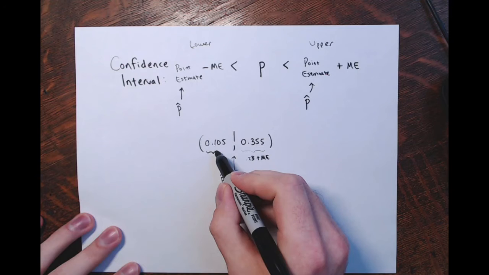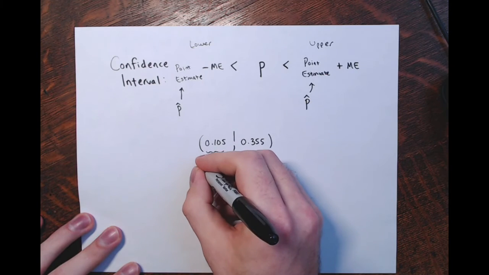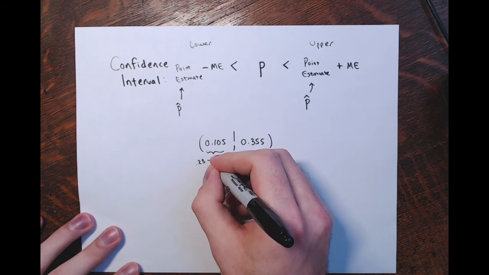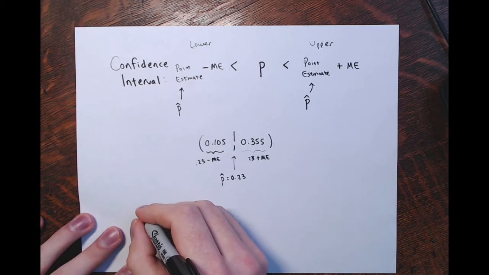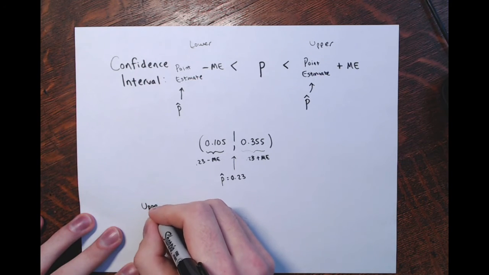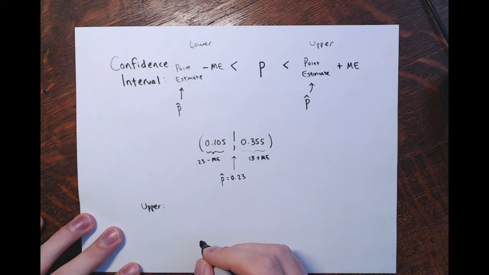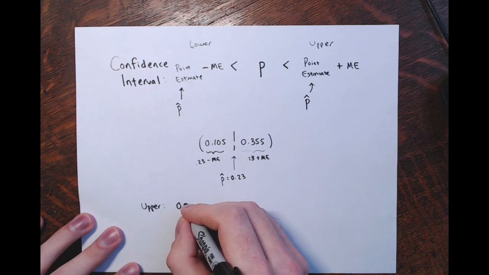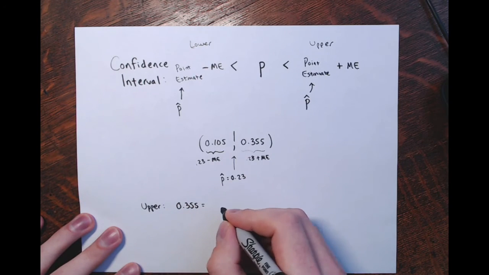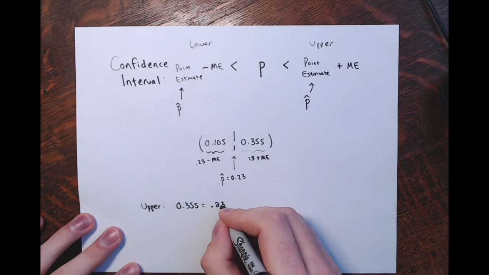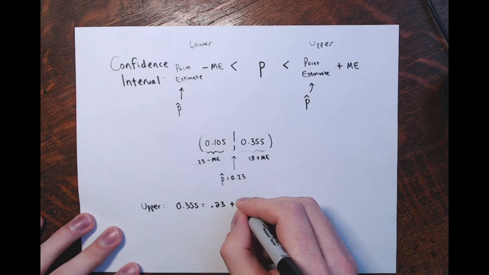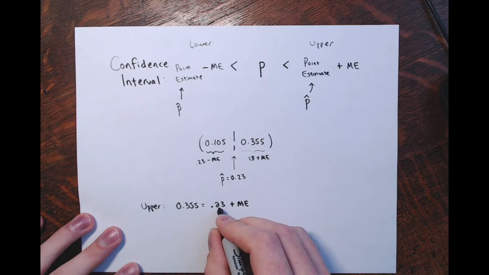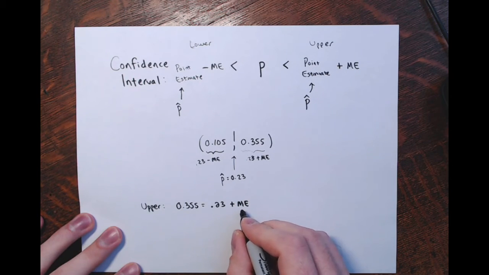And this value here, the lower bound, 0.105, is 0.23 minus whatever the margin of error is. We could use that fact to figure out the margin of error. I'll use the upper bound, though you could use either. We know that 0.355 has to be equal to the middle, 0.23, the point estimate, plus the margin of error.